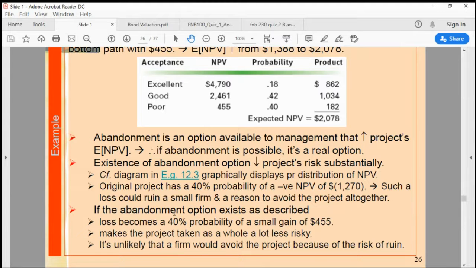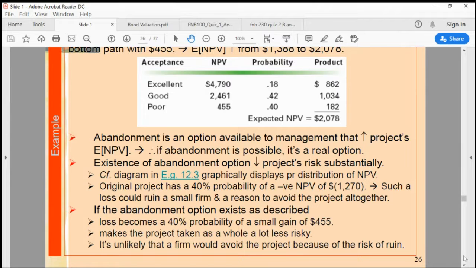But if the abandonment option exists, as described, the loss of 1.27 million becomes a 40% probability of a small gain of 455,000. That makes the project, taken as a whole, a lot less risky. And it is unlikely that a firm would avoid a project because of the risk of ruining the company, once abandonment is possible.